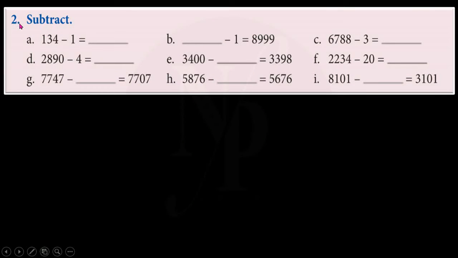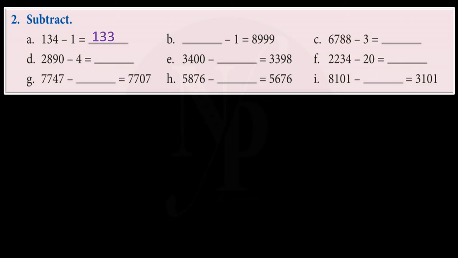Coming to question number 2, we have to subtract these and write the answers. A, 134 minus 1 is 133. B, subtracting 1 from a number gives us 8,999.